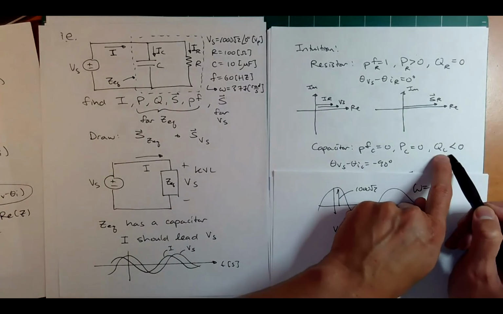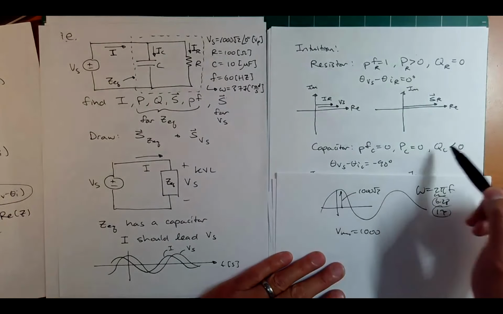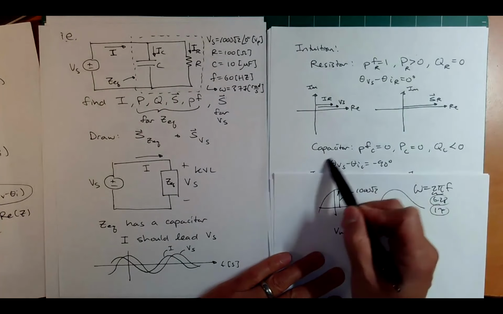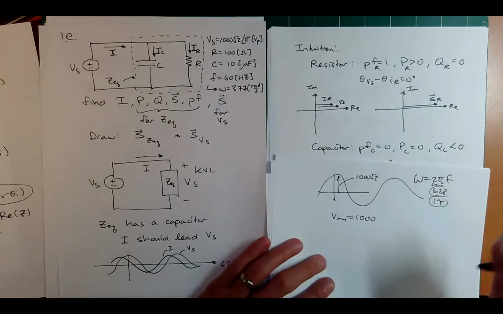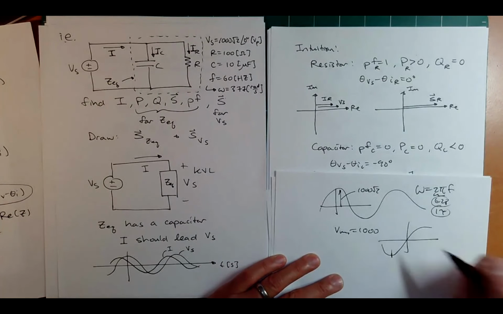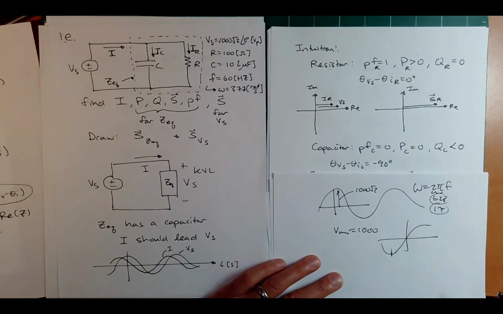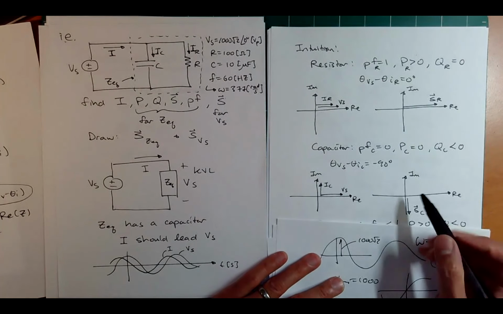QC is now negative. It's non-zero, but negative, okay? And it's negative because QC is I RMS V RMS times the sine of this. Sine of minus 90, remember sine, what do we have? Something like this. If you take the sine of minus 90, you're going to get a negative number. So QC is going to be negative. Good.